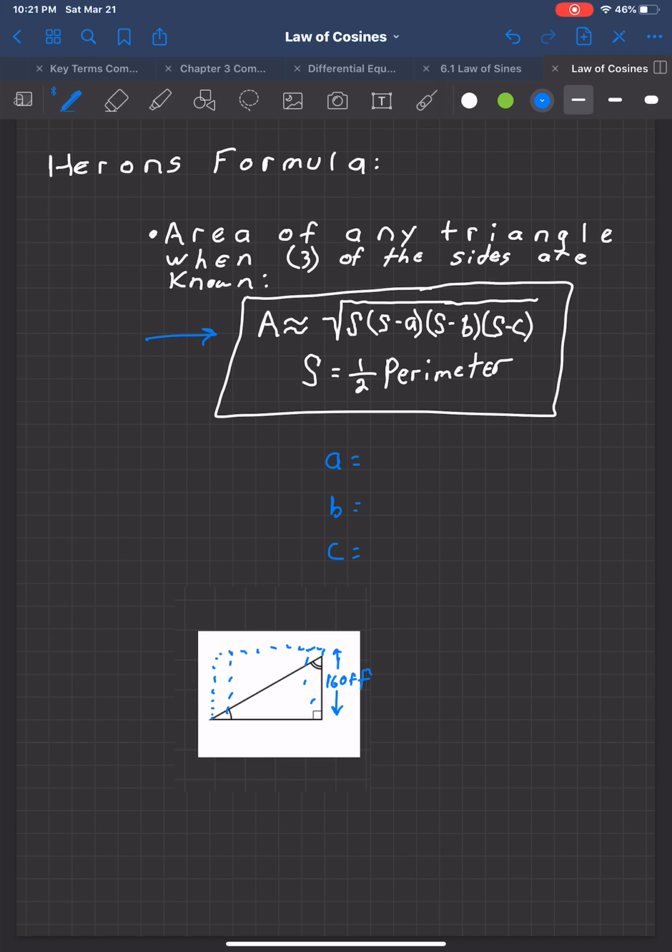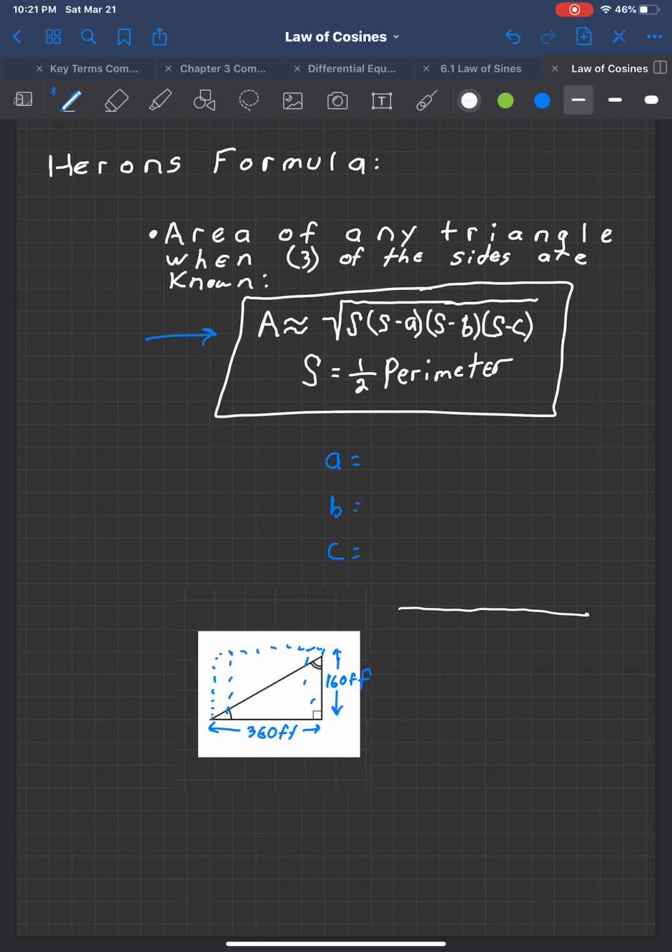The length of a football field, counting the end zones, would be 360 feet. Sorry if that picture is a little bit sloppy.